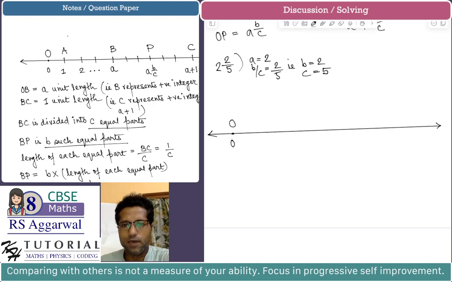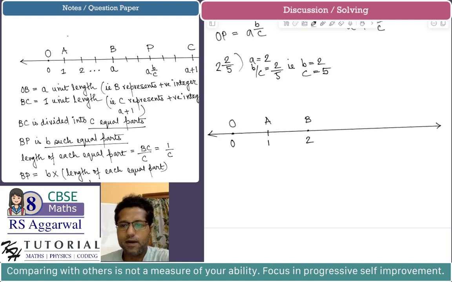Since a is 2, first I will mark the point B at a distance of 2 units from O to the right-hand side. So B will represent the integer 2. Let's say this is point A, which represents the integer 1.